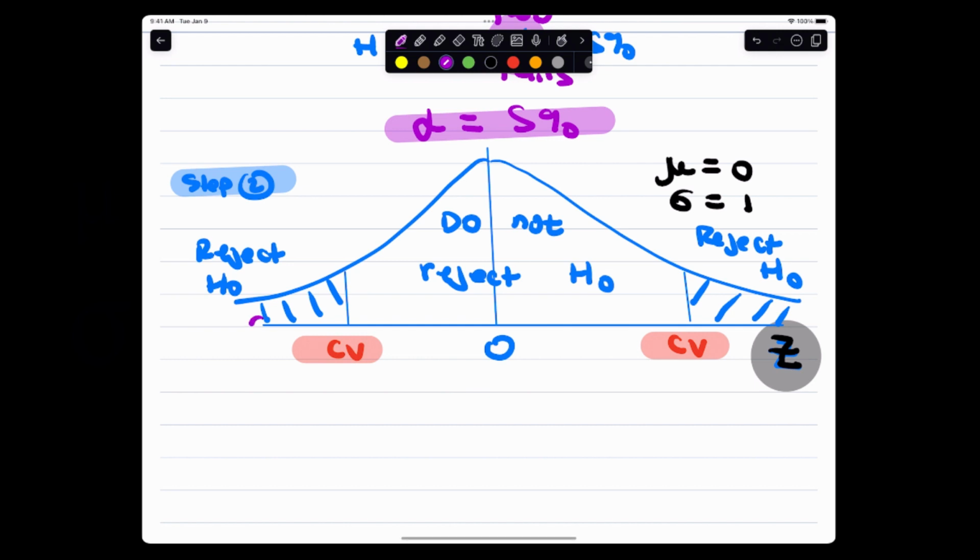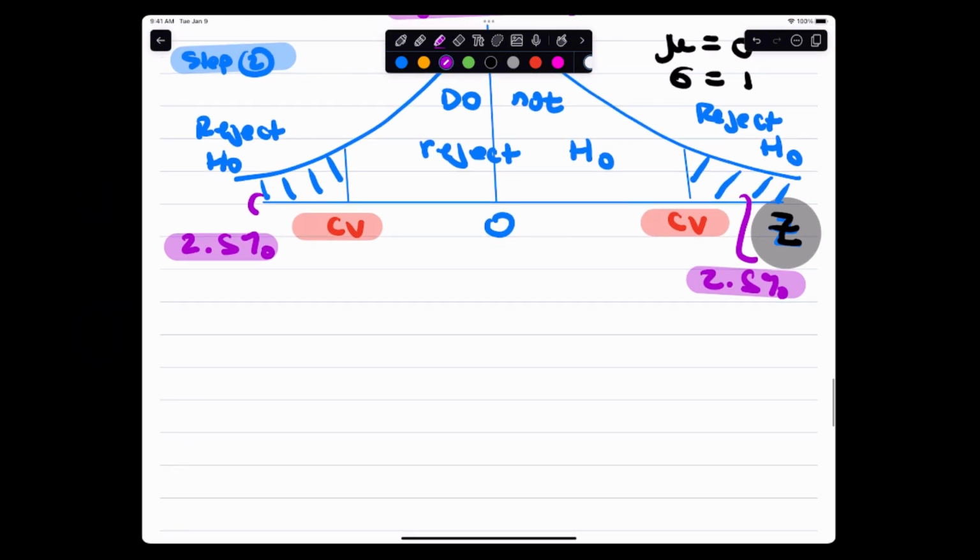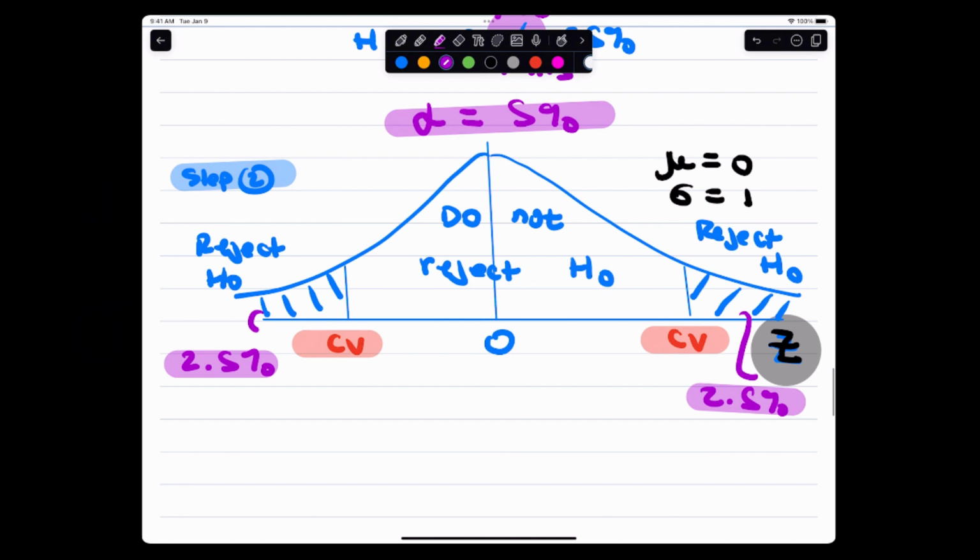So on the left tail, you have 2.5%. On the right tail, you have 2.5%. You guys with me on that? I want you guys to know that alpha is the sum of the tails.